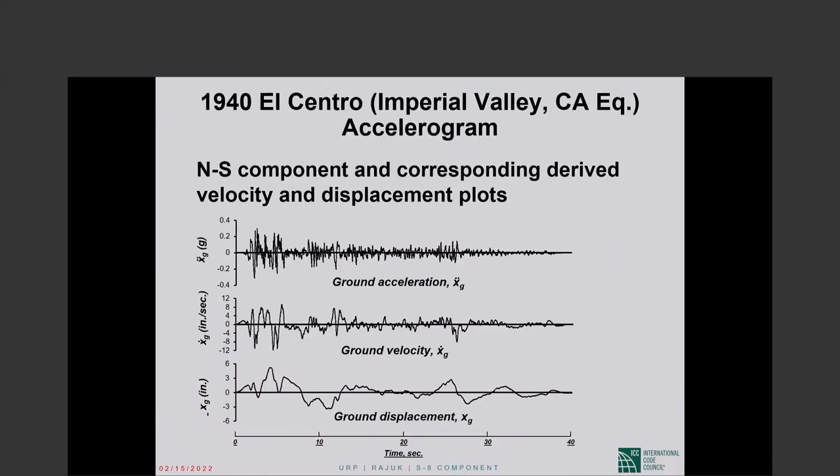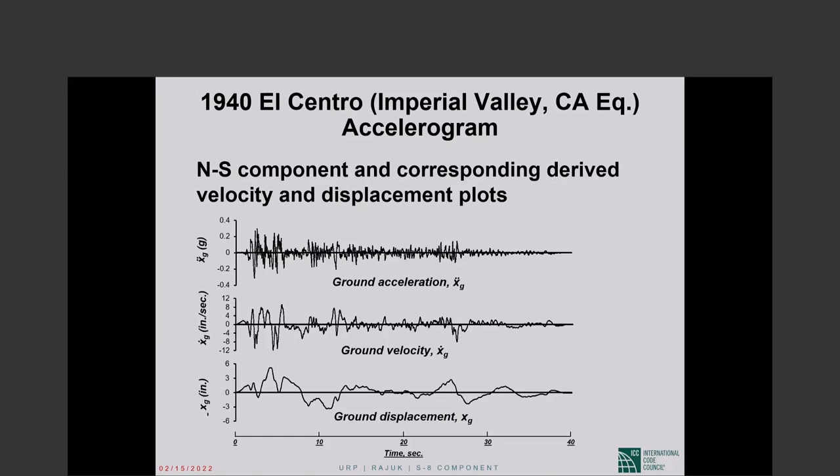I think I mentioned previously that earthquake ground motion is recorded by strong motion accelerographs. That is what the instruments are called, G-R-A-P-H. The instrument is strong motion accelerograph, and the records that the accelerograph makes are strong motion accelerograms.